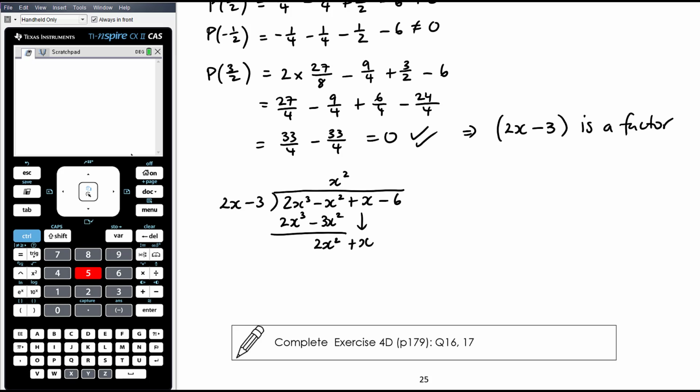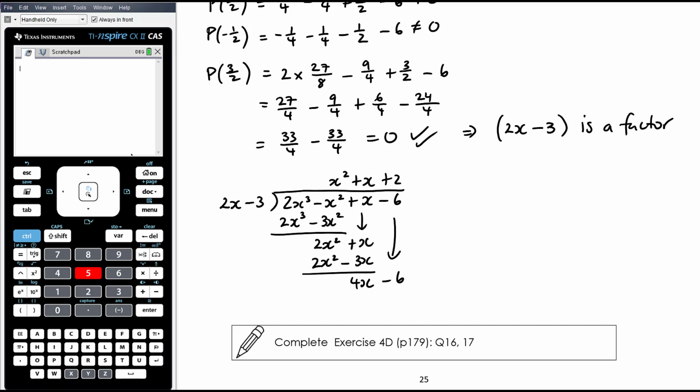What do we multiply 2x by to get 2x squared? Well, that will be x. x times 2x minus 3 gives us 2x squared minus 3x. And we subtract, x minus negative 3x is 4x. And we bring down our next term. What do we multiply 2x by to get 4x?